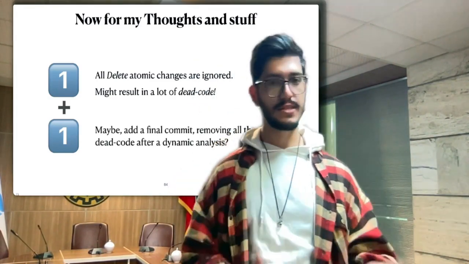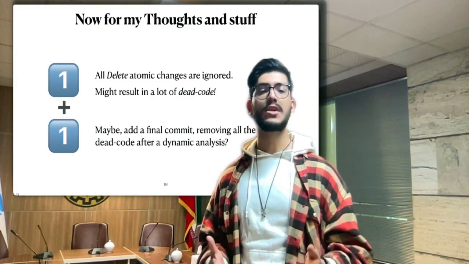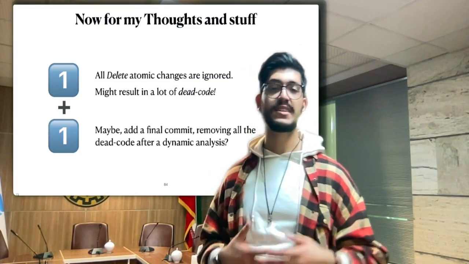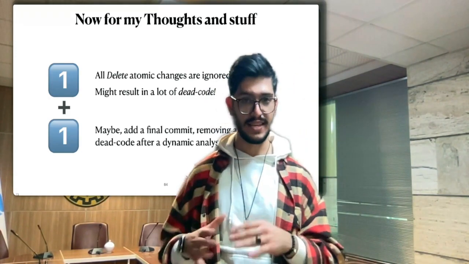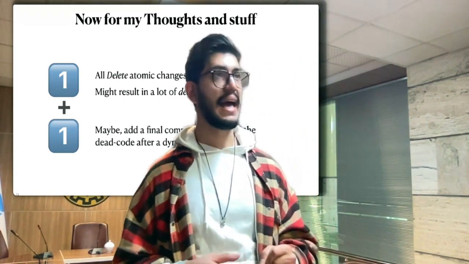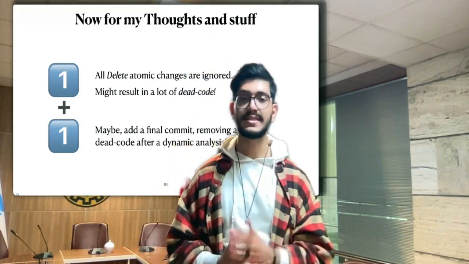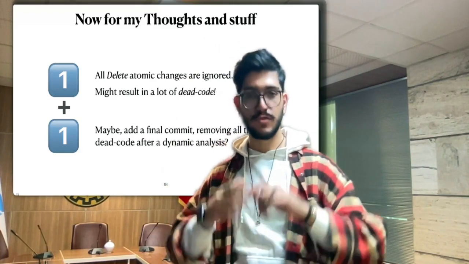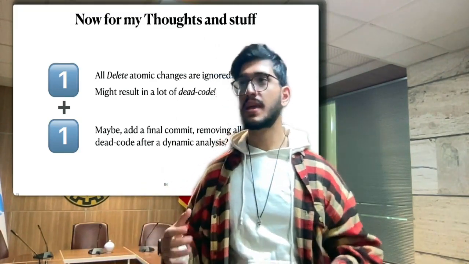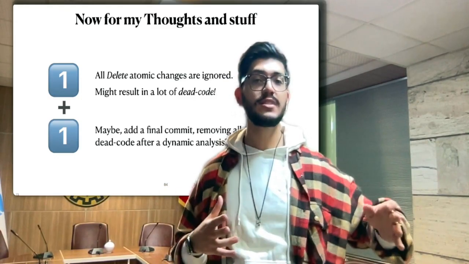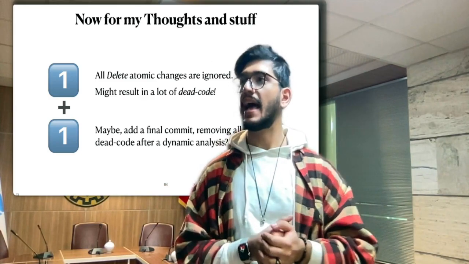Maybe after everything is done, we add a final commit, removing all the dead code using a dynamic analysis. So we have to mark every atomic delete change. And after everything is done, we run the project one last time, and if those deletes that were in the compilation set didn't run in the final version, we can safely say that it was dead code, we didn't need it, and we get rid of it.